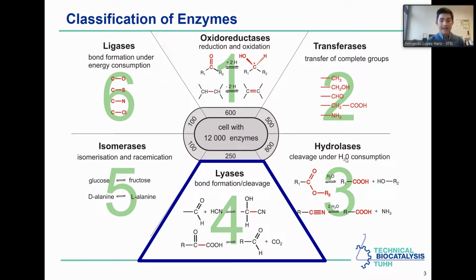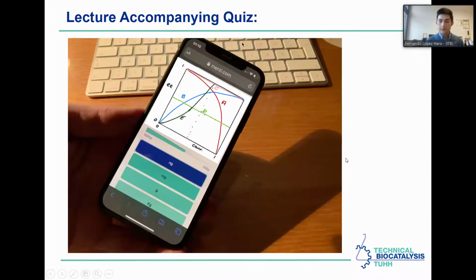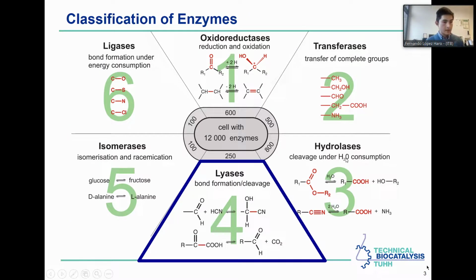Because in lyases, you will have the case where you require just one substrate, such as here, in the lower example. Let me go back. There we go, better. Here in the lower example, you have a compound that is cleaved to produce two products, or we have two substrates creating just one product.